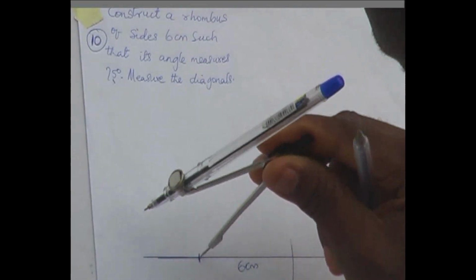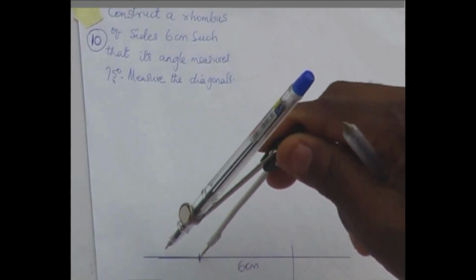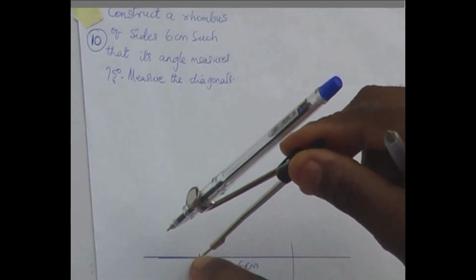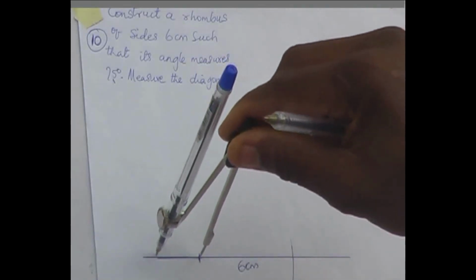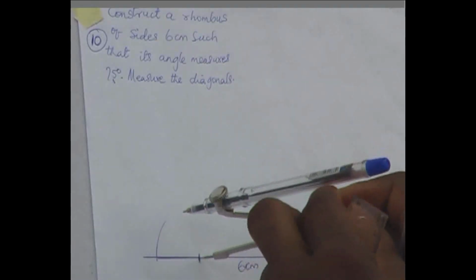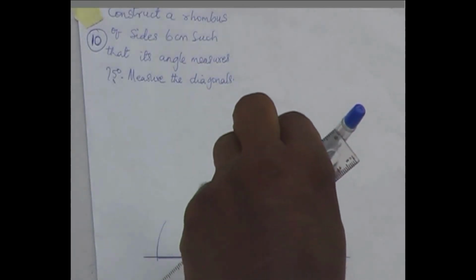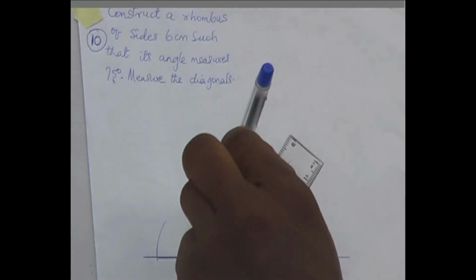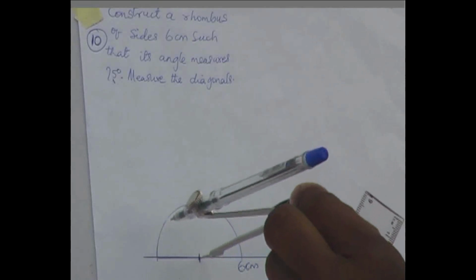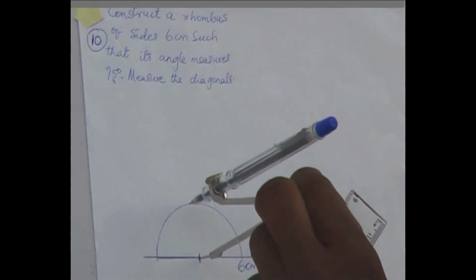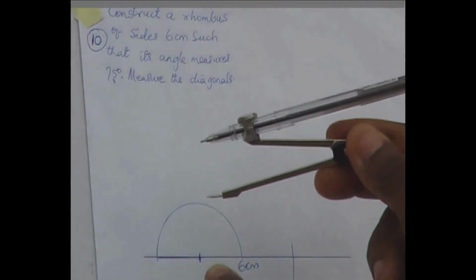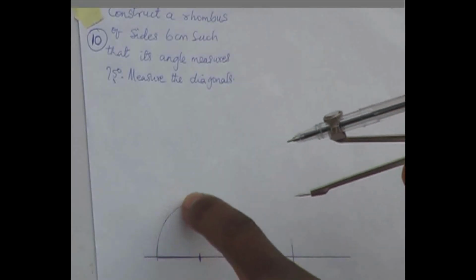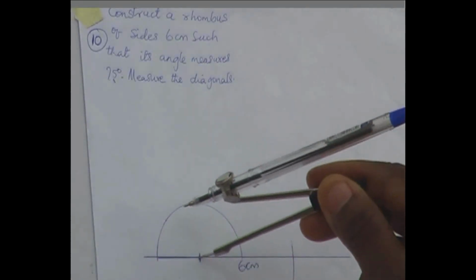Take a reasonable radius on your compass, put the sharp edge of the compass at that point, and make a semicircle. This is an indirect way of teaching you how to construct angle 75. When you have done so, do not adjust the radius you used in constructing this semicircle.